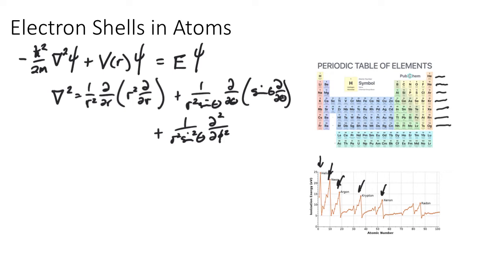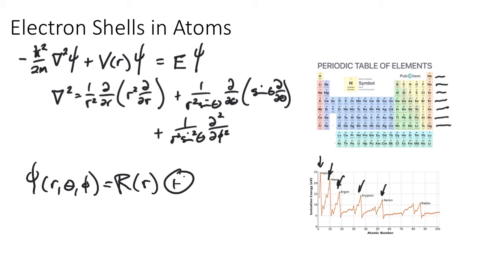Now, the standard way to go about solving this is to write down the wave function, which is a function of 3 variables, as a product of 3 functions, each of which is only a function of 1 variable. We only look for separable solutions.